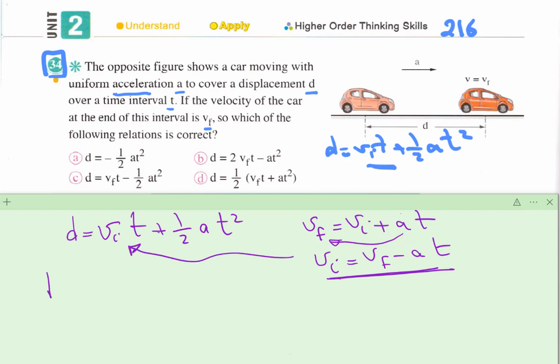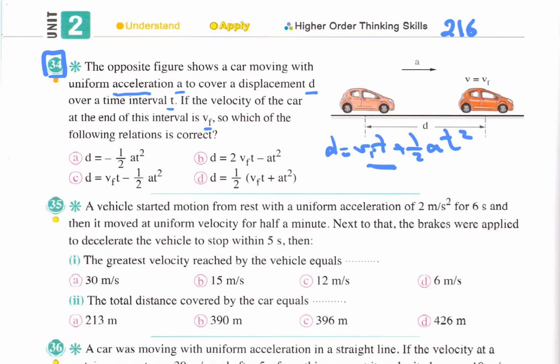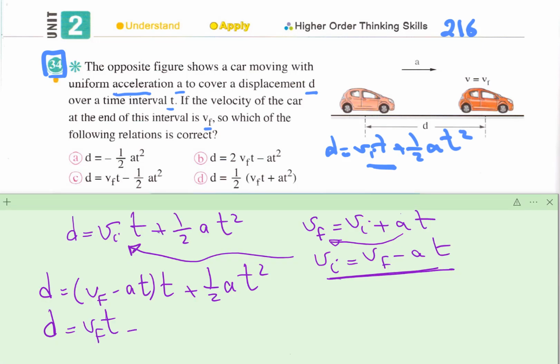Okay, so D equals, instead of V initial, V final minus AT, times T, plus half AT square. So D equals V final T minus AT square, we multiply T here and T there, plus half AT square.